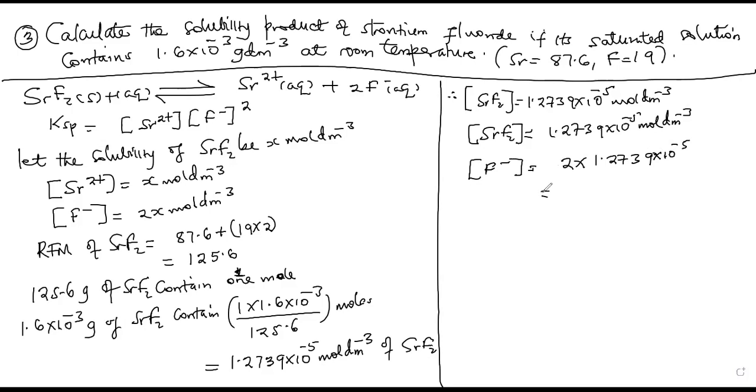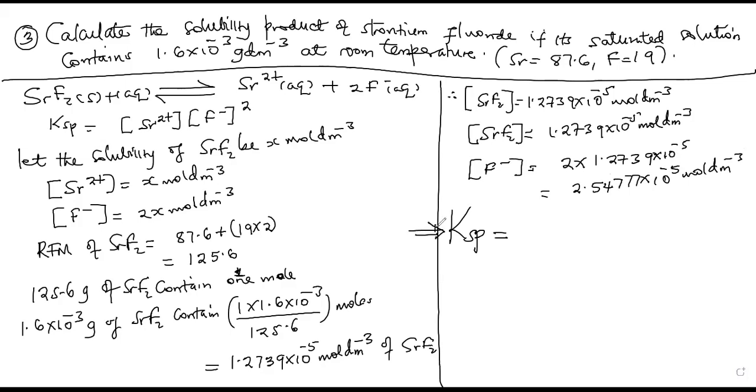And this will give me 2.54 exponent negative 5 moles per decimeter cubed.